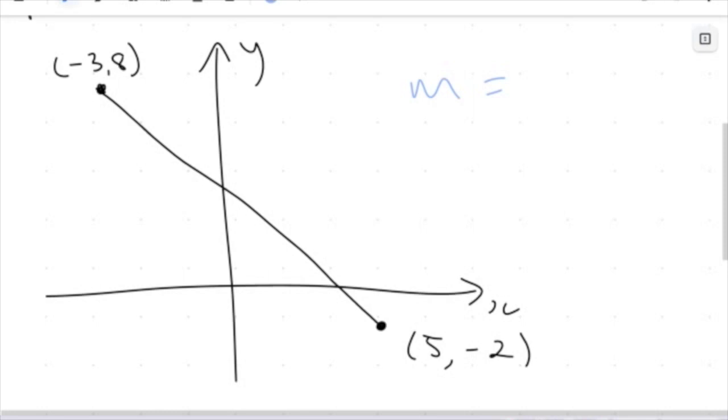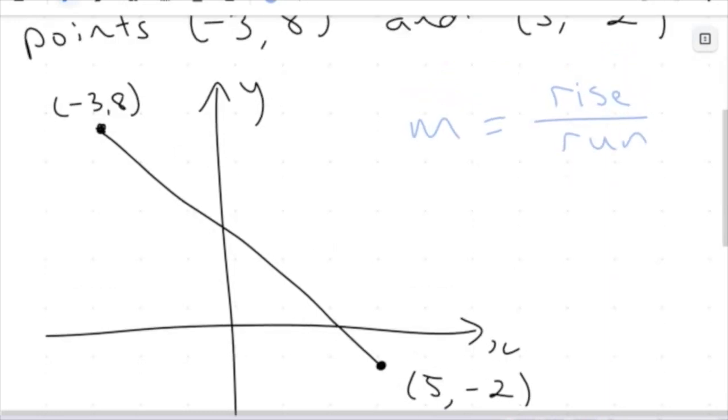Now, we defined a gradient, m, as the ratio between how much a line rises and runs along. So we defined this gradient as rise over run. So essentially how much it changes in the y-axis, so we'll call this a change in y, divided by a change in x.